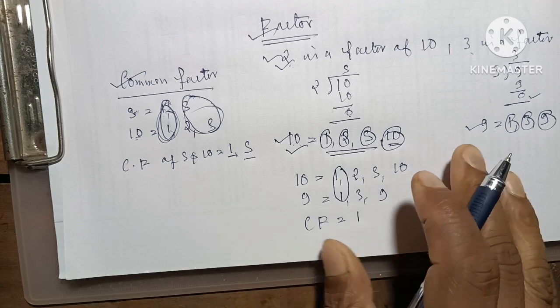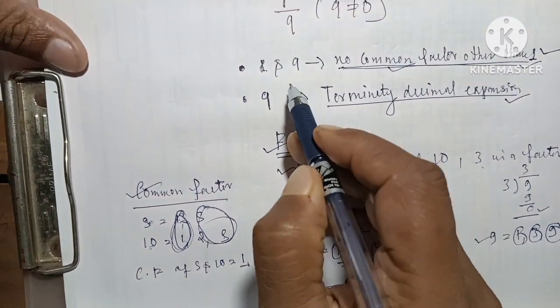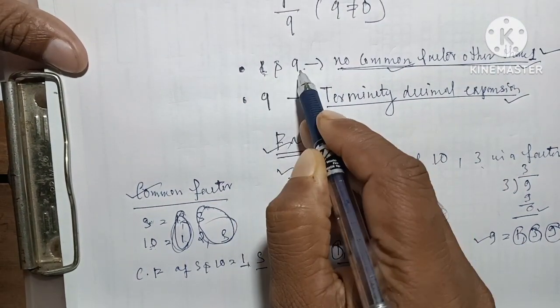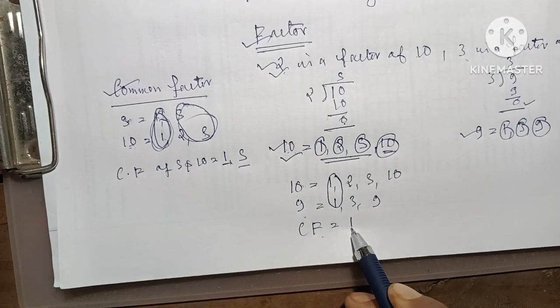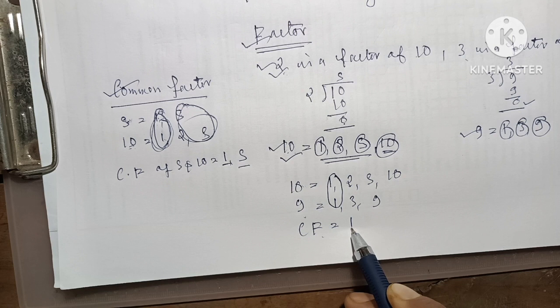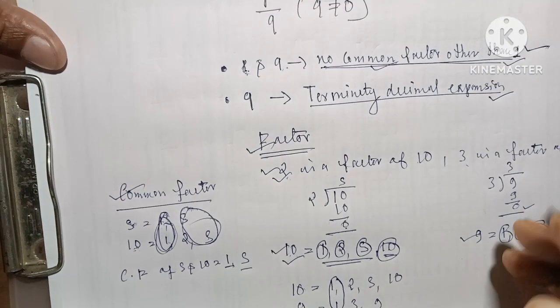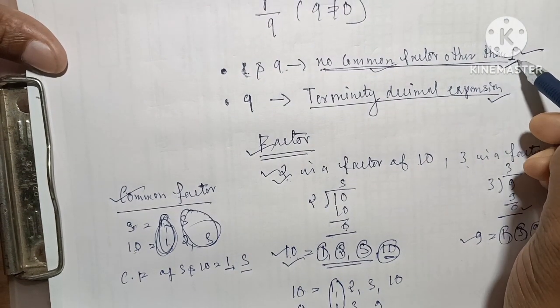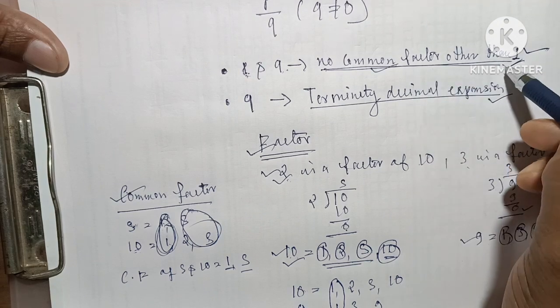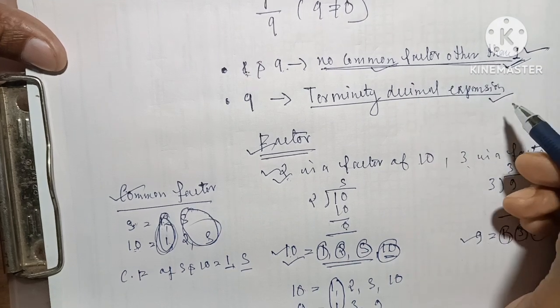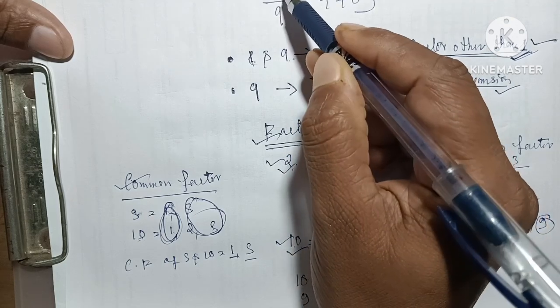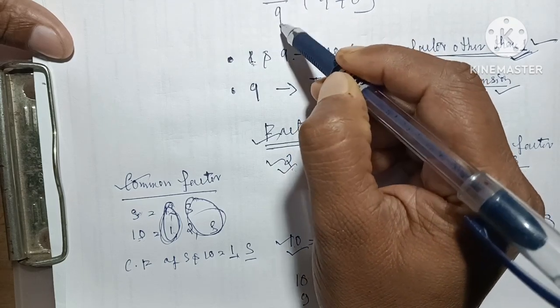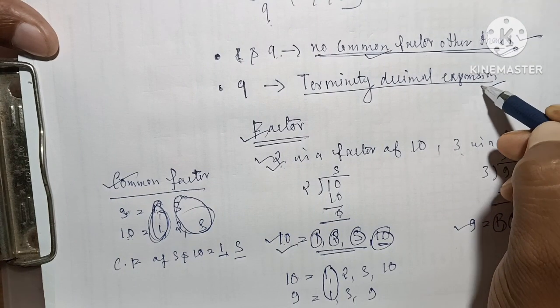In this way we have to choose such numbers whose common factor should be 1. First thing, this is the point we take care of: their common factor should be 1, and the fraction of numerator and denominator should have a terminating decimal expansion.